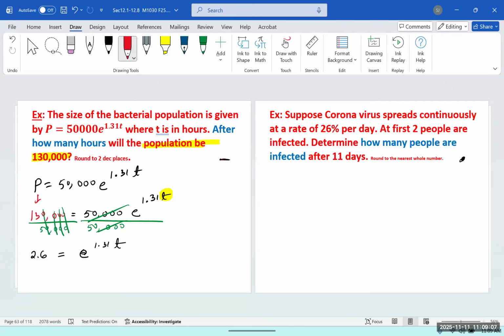Since this is a special base, you have to use specifically ln, not log, because ln and e kill one another. So you're left with ln of 2.6 equals 1.31t. Now to solve for t, we need to divide both sides by 1.31. So t equals ln of 2.6 divided by 1.31.